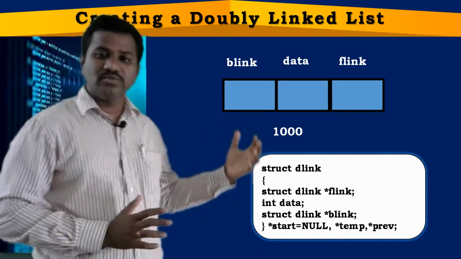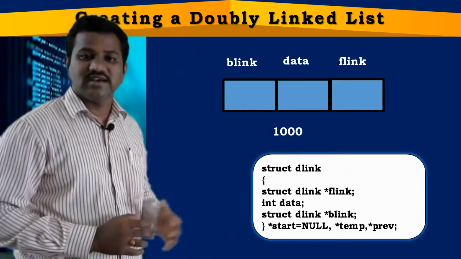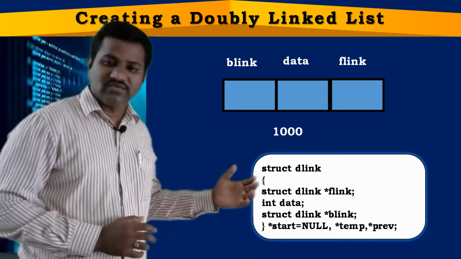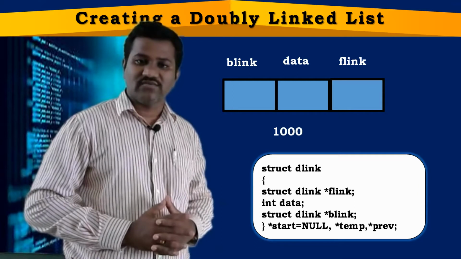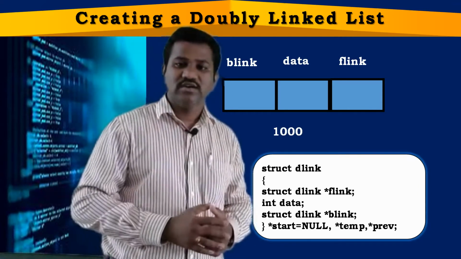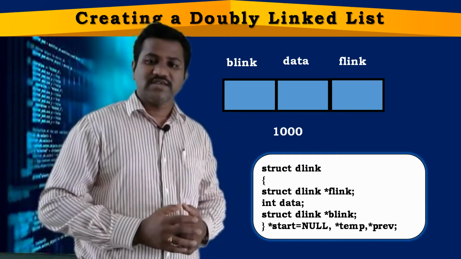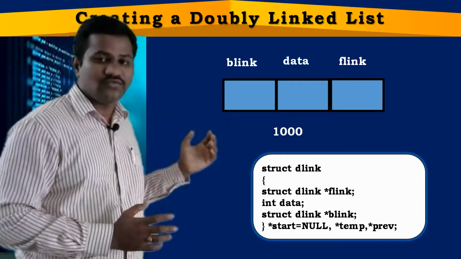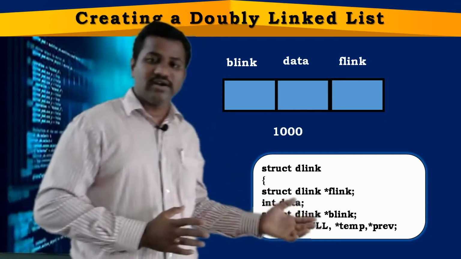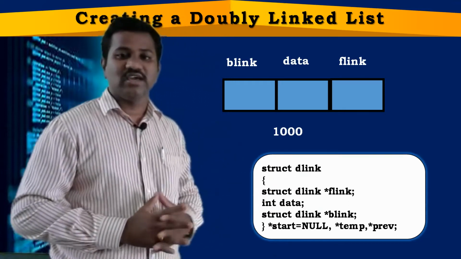This node is represented by using a struct D-link, and inside that we are taking 3 members: struct D-link star F-link, which stores the address of the next node; int data, which stores the value; and struct D-link star B-link, which stores the address of the previous node. And 3 pointers, just like how we take in a single linked list. The same way we will be taking here also.